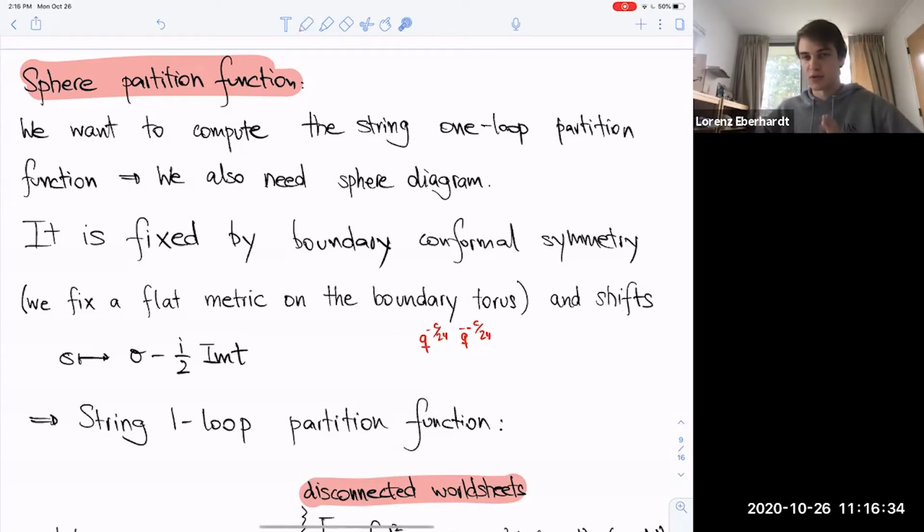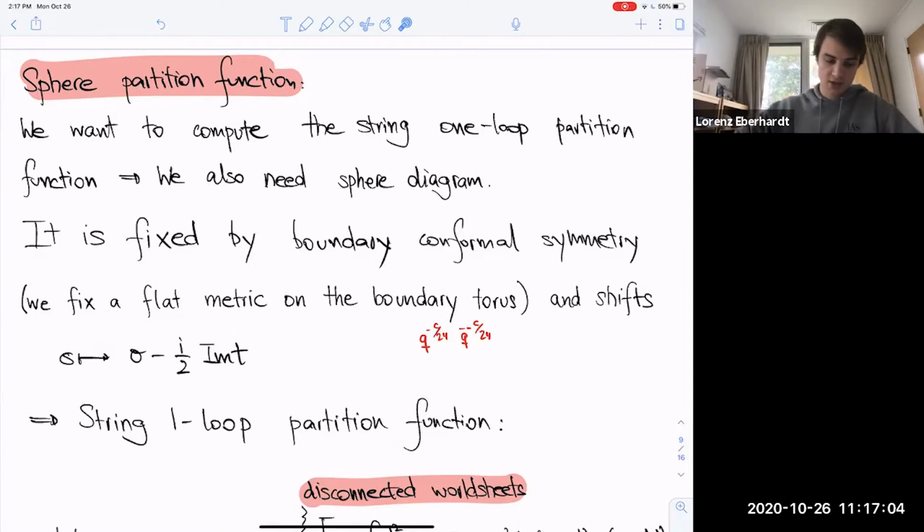If I'm not taking the sphere into account, I would basically lose this factor, which is also not too bad. But if you do that, then all you need to do is to account for it, and it's correctly accounted if you shift the chemical potential that we just saw by some multiple of the imaginary part of the boundary modular parameter. Okay, so this is another subtlety you have to take into account.